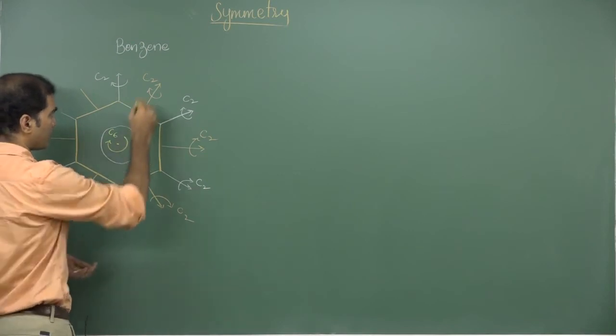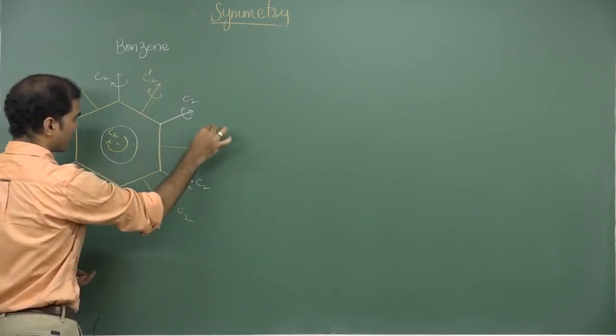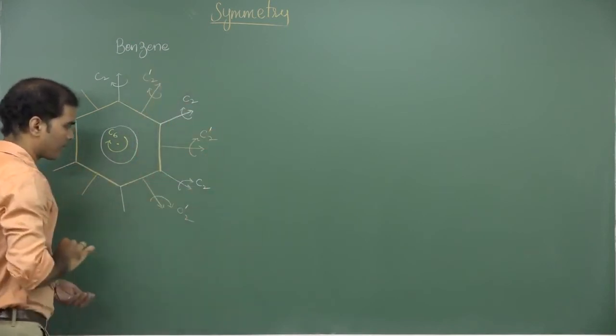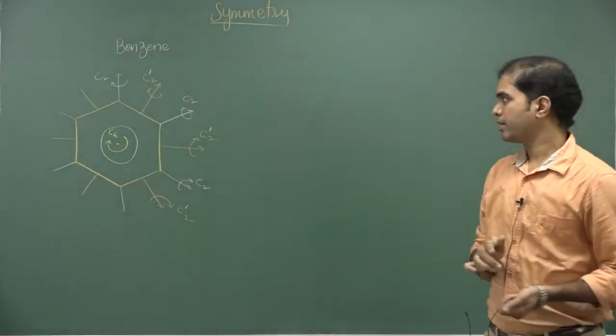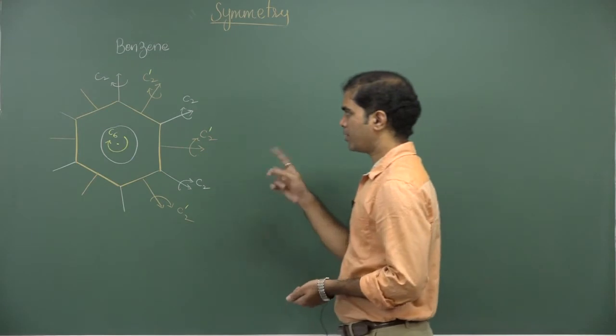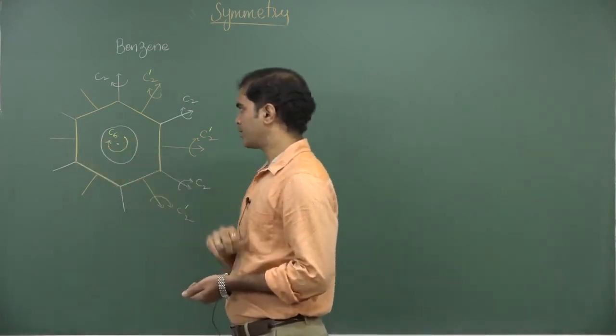To differentiate them, let's put a prime for it. Benzene has a C6 and 6 C2s perpendicular to the principal axis.